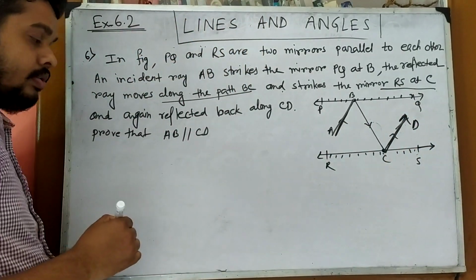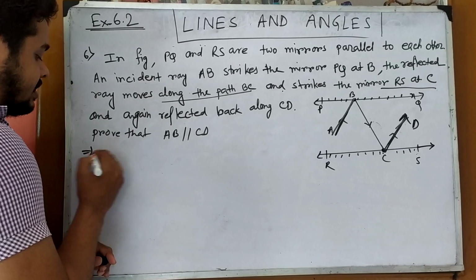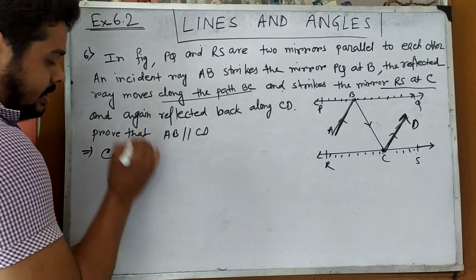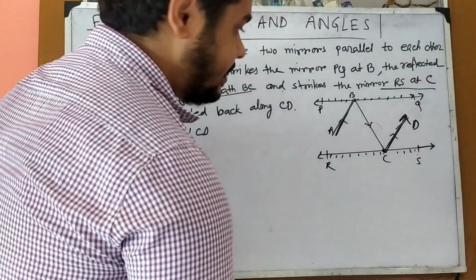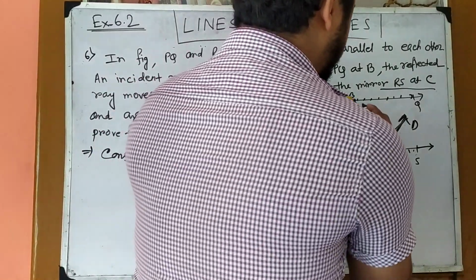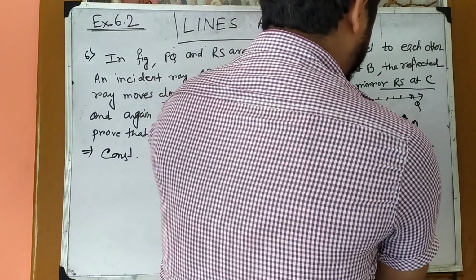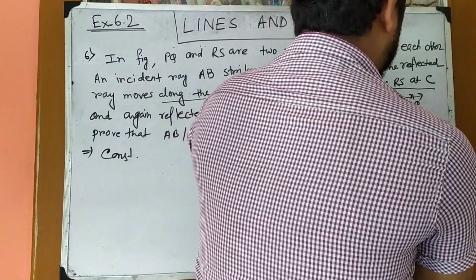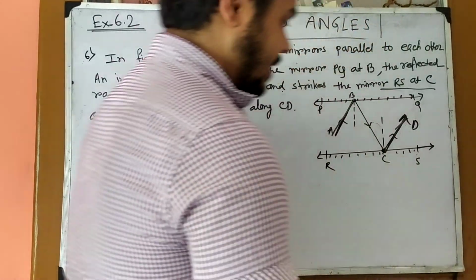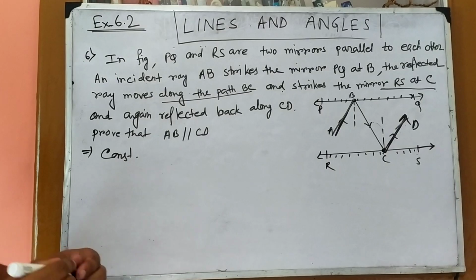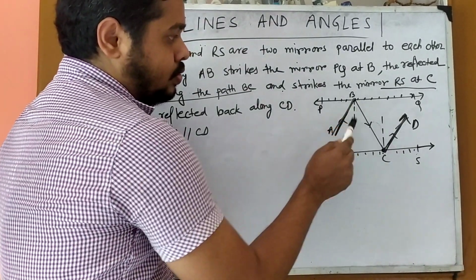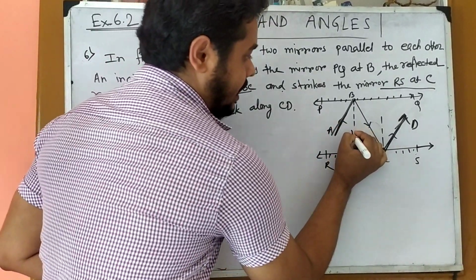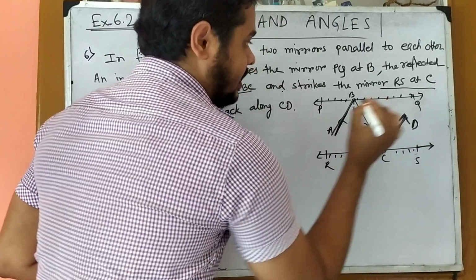Okay. To prove that, a construction part is needed. What is the construction part? We have to draw two perpendiculars on the points B and C respectively. Suppose this is BM and this is CN.